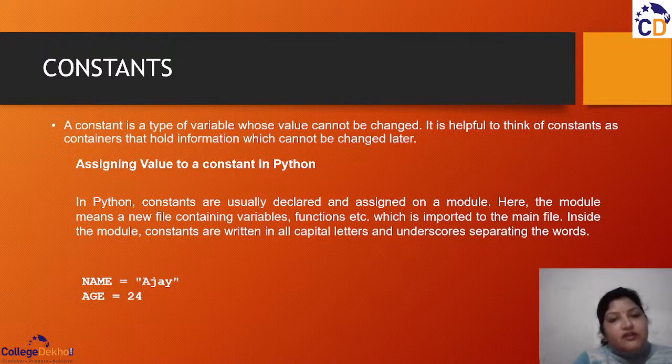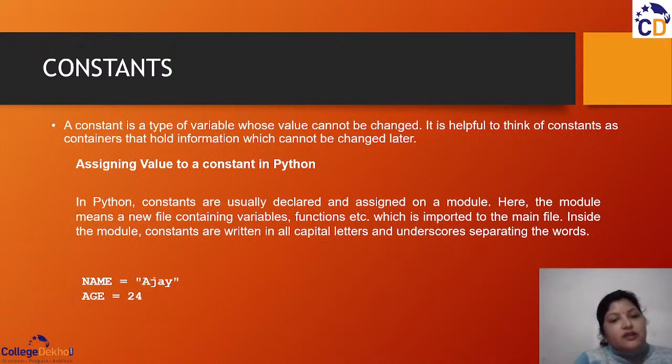In Python, constants are usually declared and assigned on a module. Here the module means a new file containing variables, functions, any other type of data, identifiers also, which is imported to the main file. Inside the module, constants are written in all capital letters and underscore separating the words.